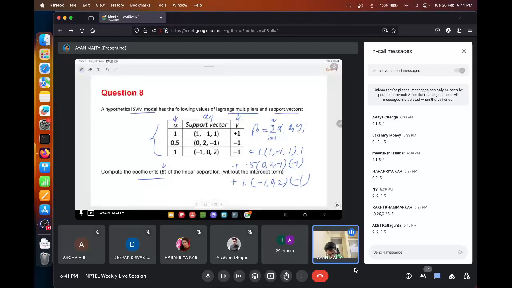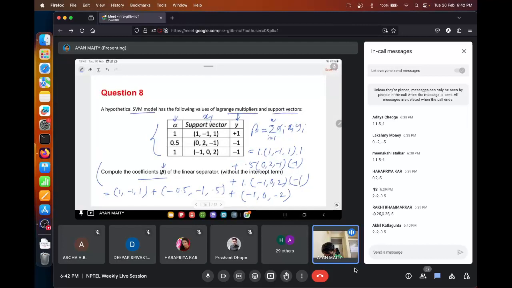Now if we add all these up, the first point is (1, minus 1, 1), the second term is (0, minus 1, 0.5), and the third term is (1, 0, minus 2).